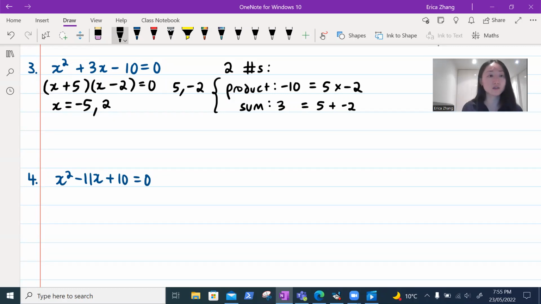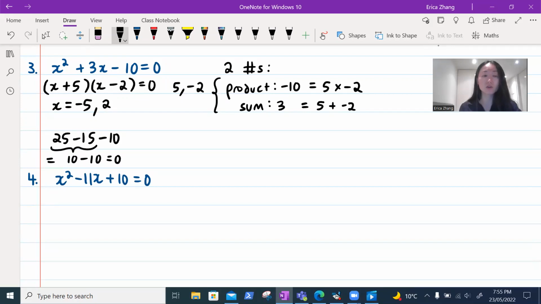Quick verification of our solutions. Plugging in x is equal to -5, we get -5 squared is 25, plus 3 times -5 is -15, minus 10. This is equal to 10, minus 10, and that's equal to 0.